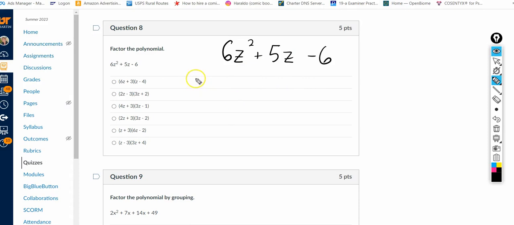I need 2 numbers. So I have to find 2 numbers whose product is 6 times -6.